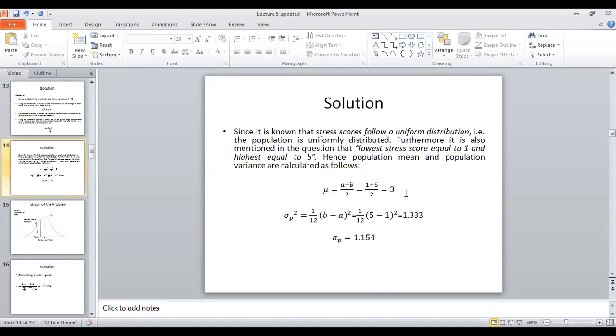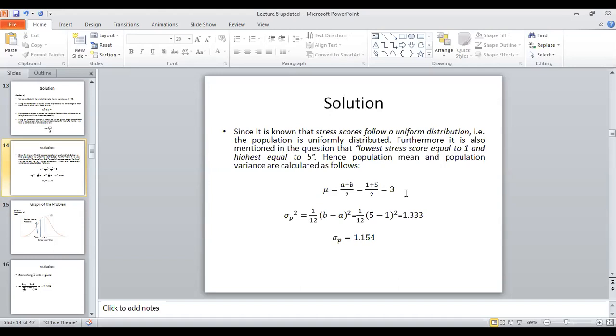But you are told that it is uniformly distributed, with this lowest and highest value. So indirectly, the question is telling you that although you are not given the mu and sigma values, you can use a and b to find them.